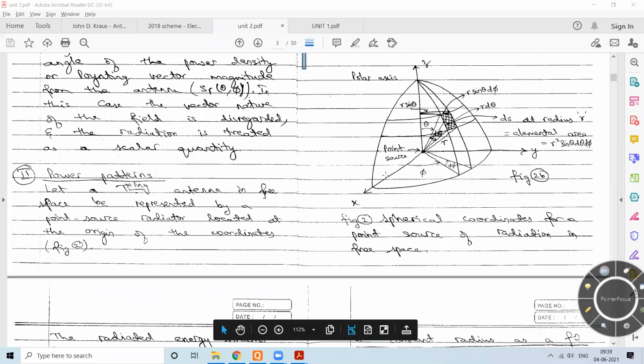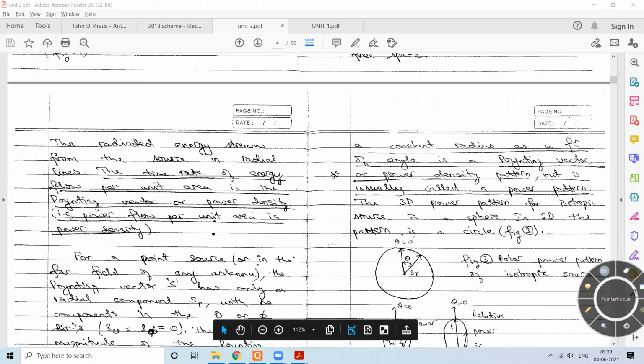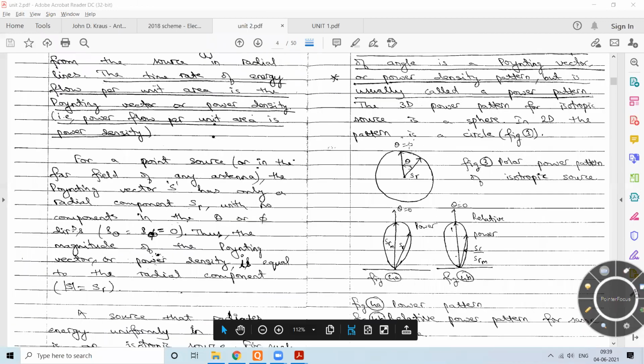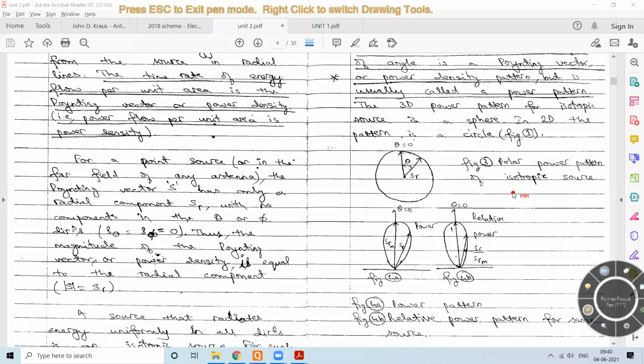So this is with respect to the power pattern. Along with this, we have to look at another aspect: what is the absolute power pattern, what is the relative power pattern, and what is the normalized power pattern. Say you're plotting the power density versus theta or phi.